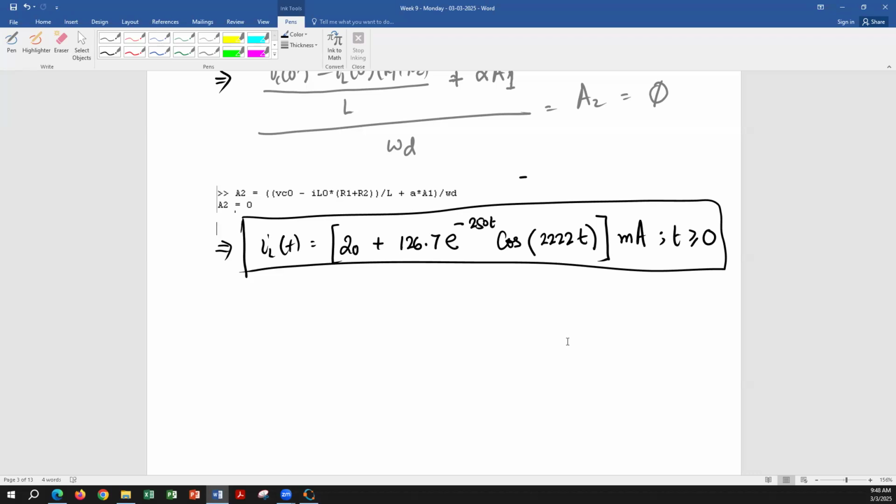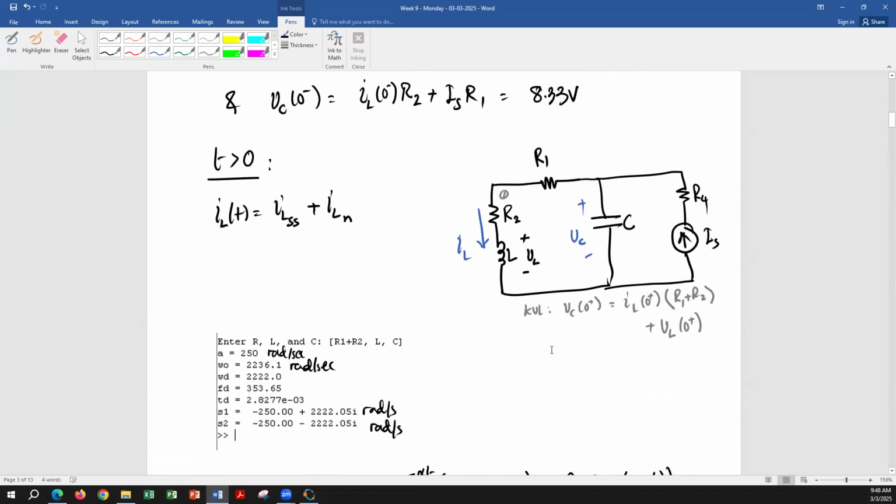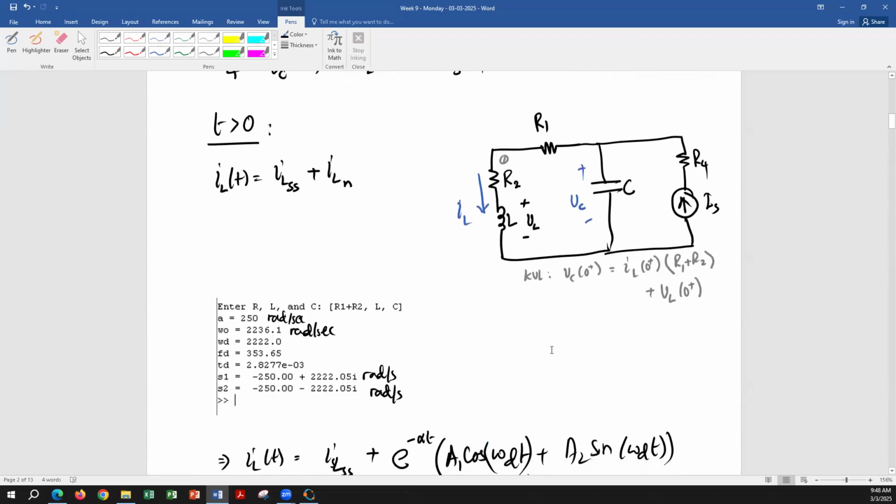Okay, he was going to tell me how we're going to find the equation for the capacitor voltage now from this circuit. Yes, say it again. That is correct. It's right there. Here we are. VC(t) is equal to IL(t) times (R1 plus R2) plus VL(t).